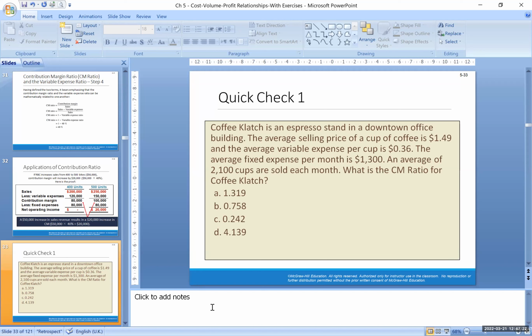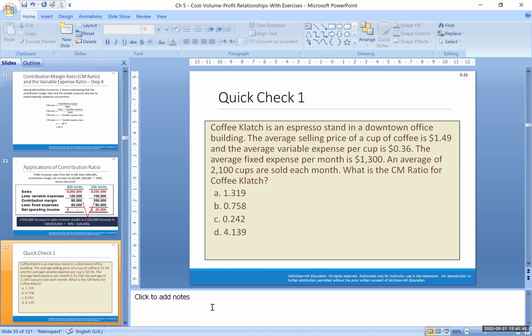The average fixed expenses per month are $1,300, and this is constant, representing the total fixed expenses for the company. An average of 2,100 cups are sold each month.